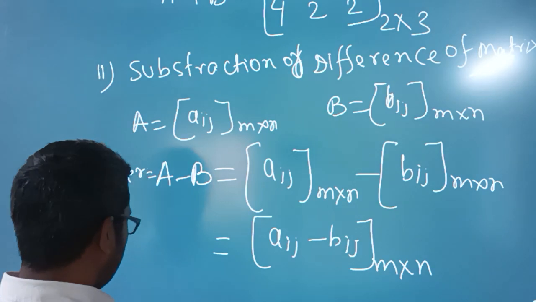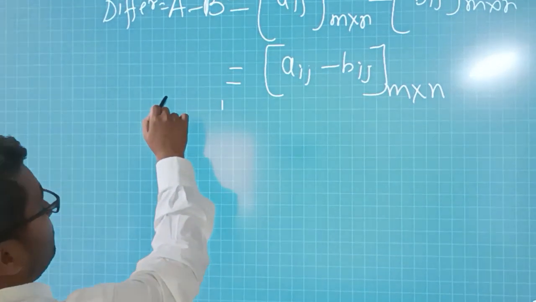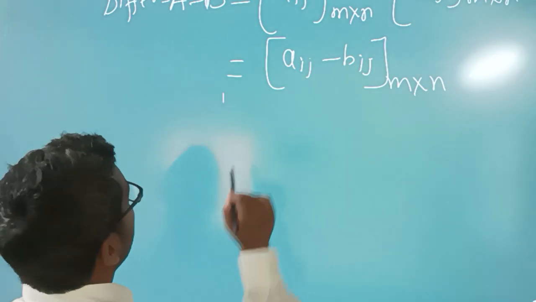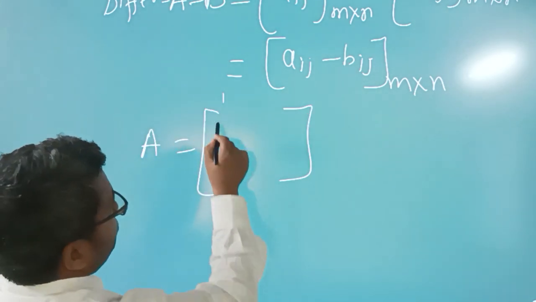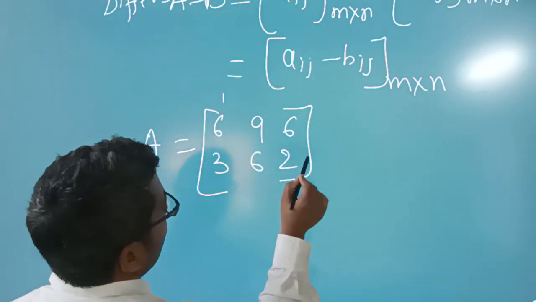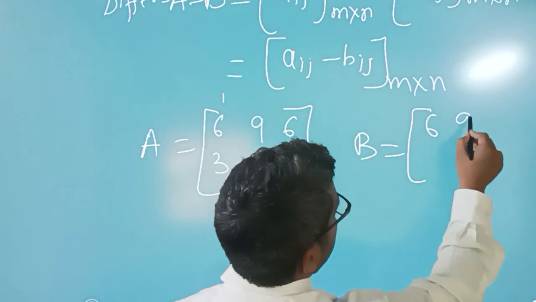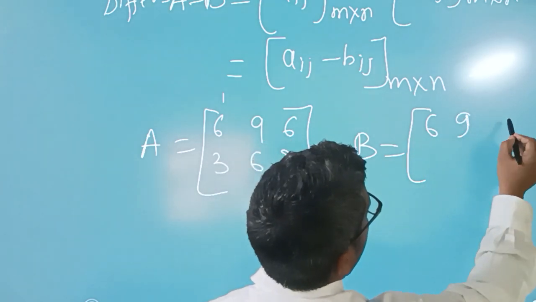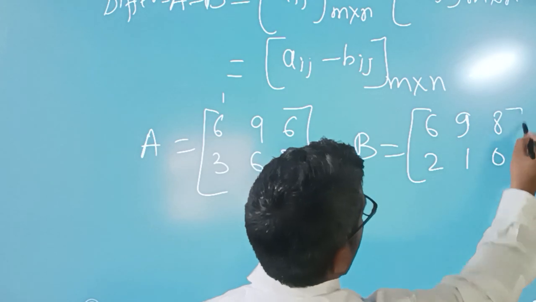Let's say one example. Any matrix A has values 6 9 6, 3 6 2, and matrix B has 6 0 6 9 8 2 1 0.